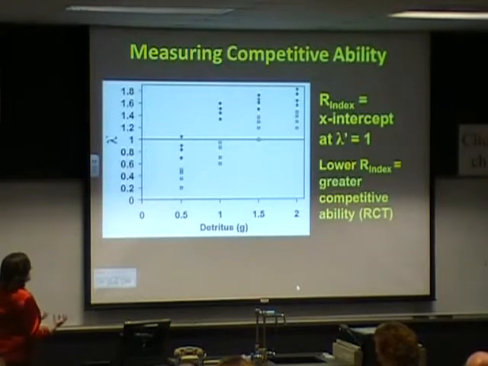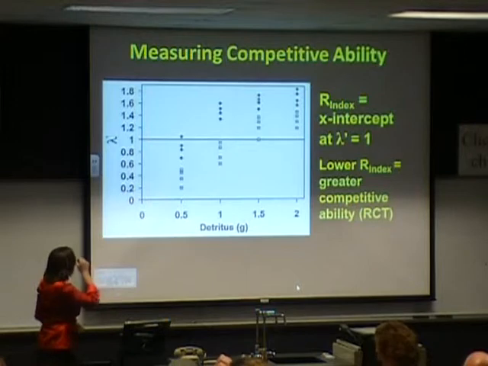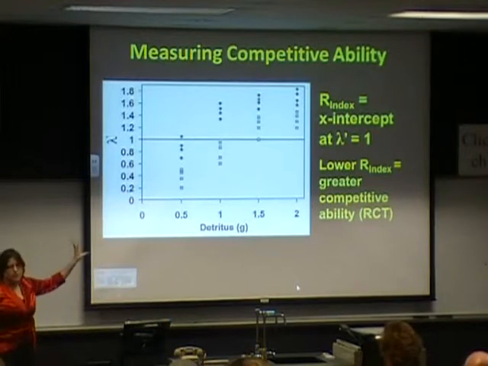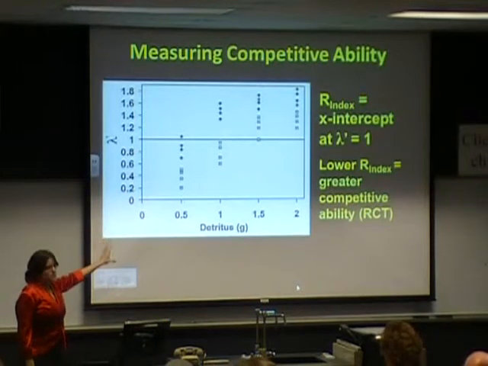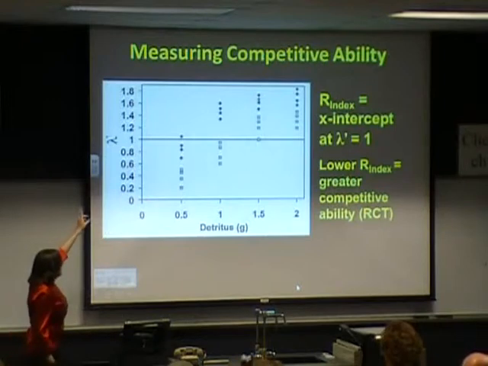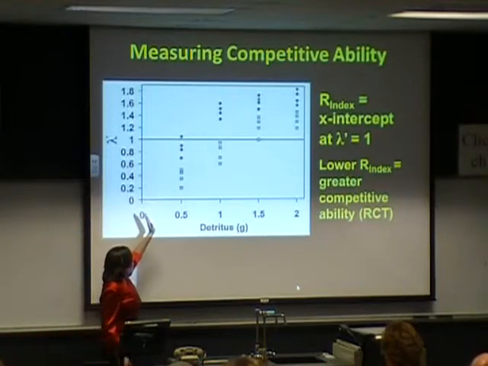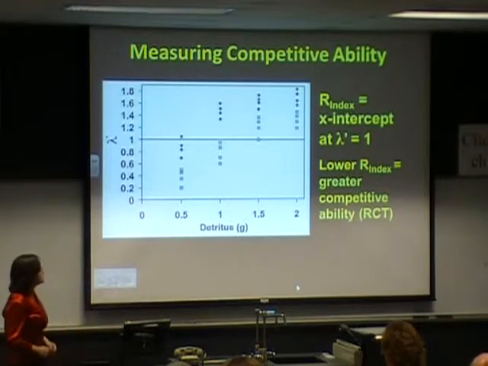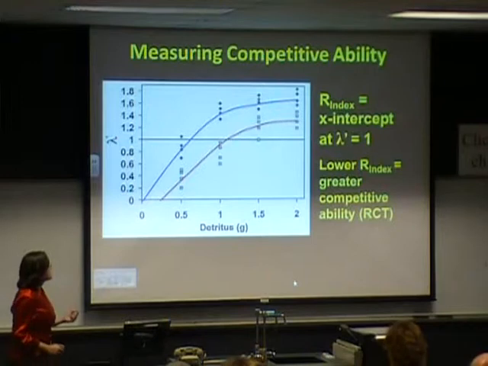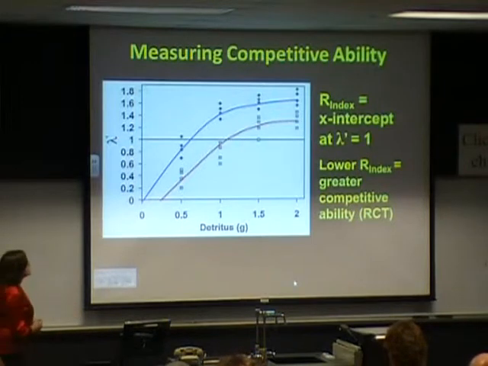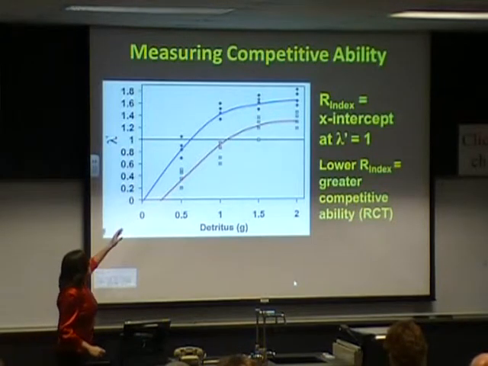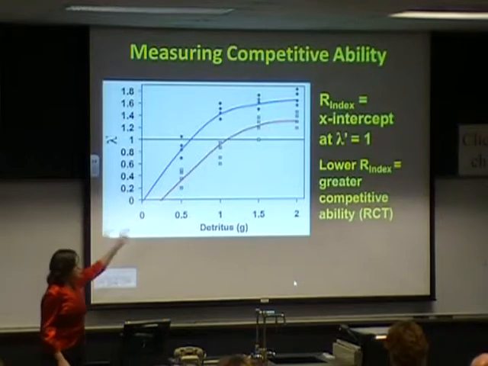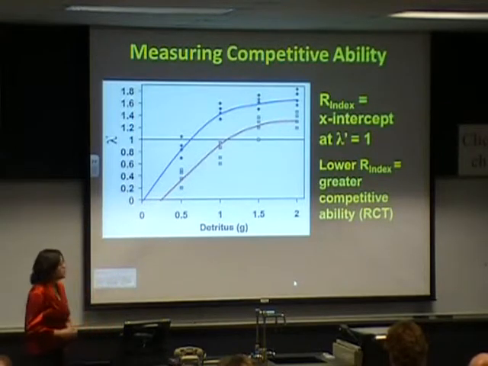So what did I do with those values once I obtained them? Well, what you can do, these are theoretical values, by the way, these are not my real data, is you can take those lambda prime values and you can plot them with the amount of detritus that is in each of the containers. Then, for each of the species, you can determine, using nonlinear analysis, the relationship between the change in lambda prime in response to detritus amount.